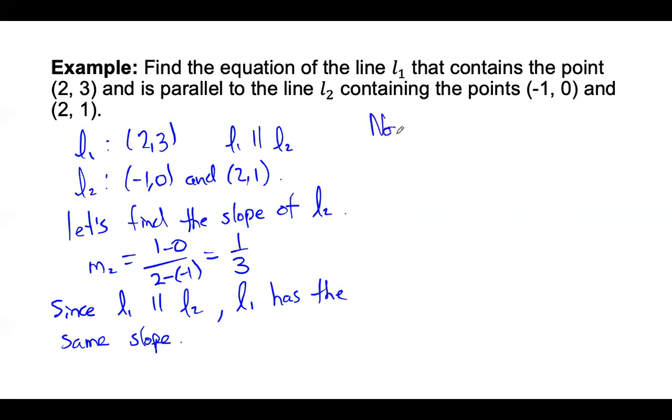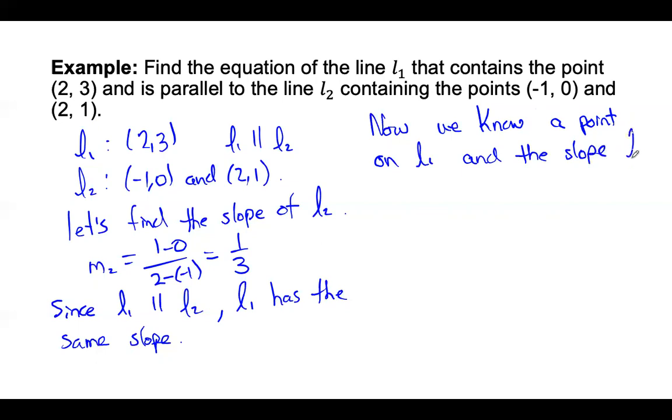Because of this, just one more point. So now we know a point on L1 and the slope of L1, which is the slope of L2.